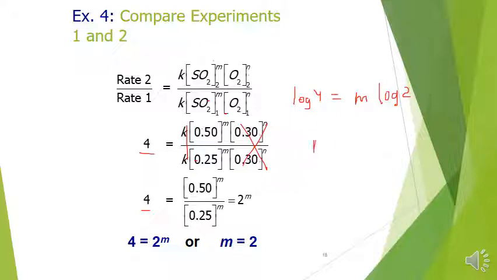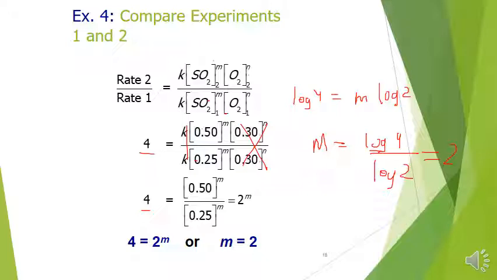Then solve for m, and you get the log of 4 divided by the log of 2. It could be ln or log on your calculator, it doesn't matter. When you do that, it simply comes up with the answer of 2. So that's another way of doing it mathematically.